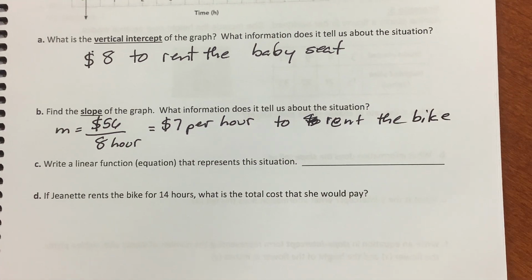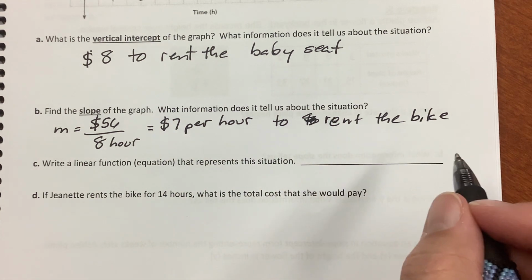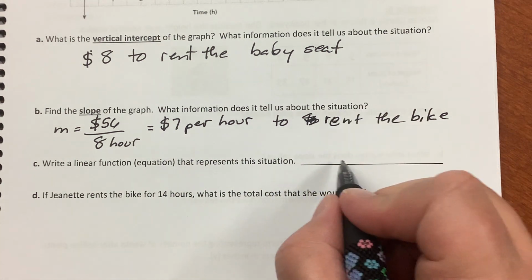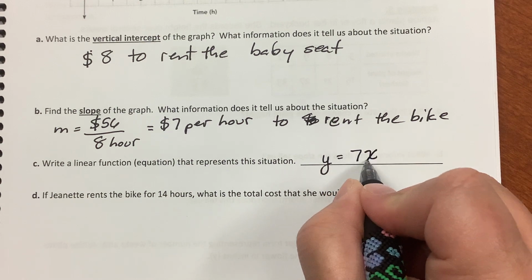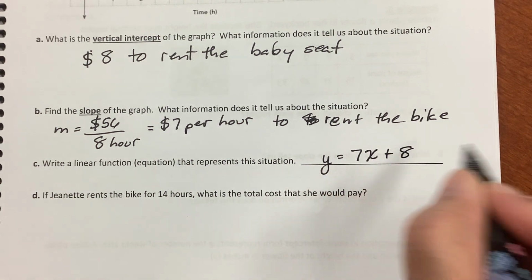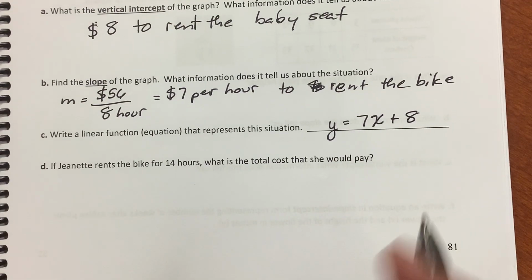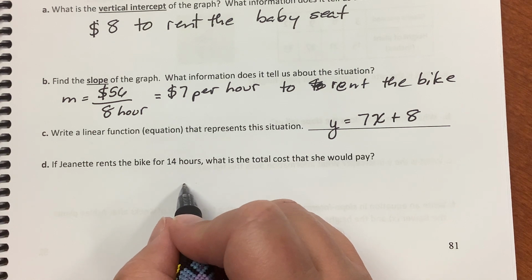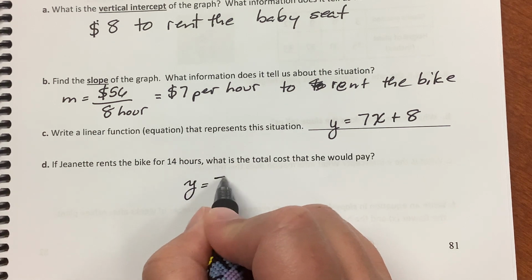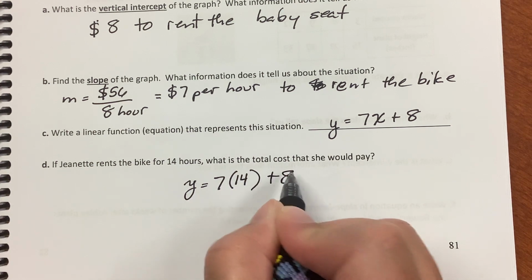All right, now we have to write an equation or a linear function. Linear function and equation mean the same thing at this point. Don't worry about it. Y equals $7 per hour plus $8 for the baby seat. Now, oh my goodness, she's going to rent it for 14 hours? Where is she biking to? Well, wherever it is, it's a long, far place away. So Y equals 7 times 14 plus 8.